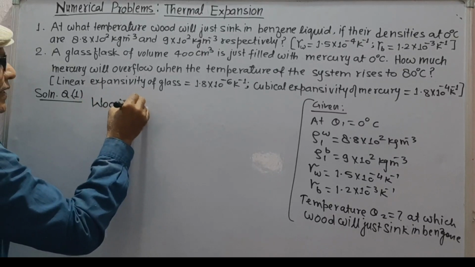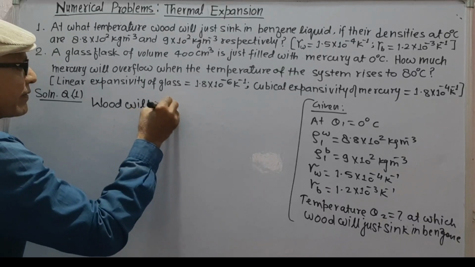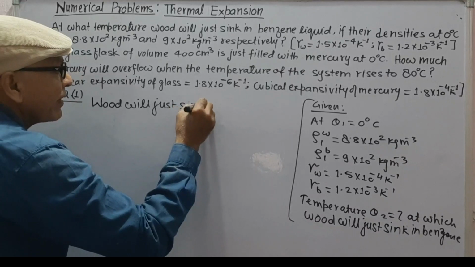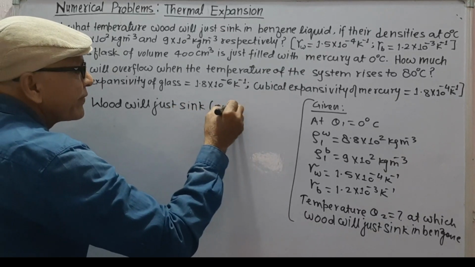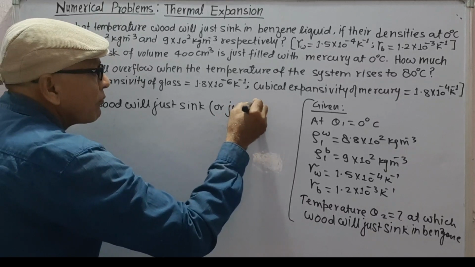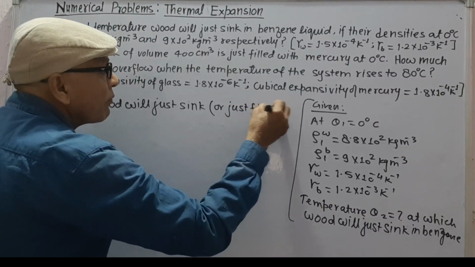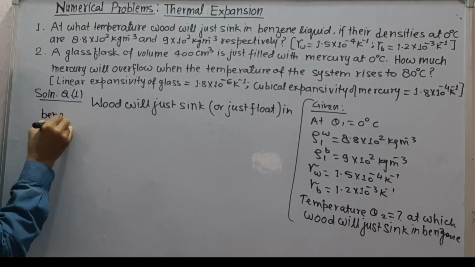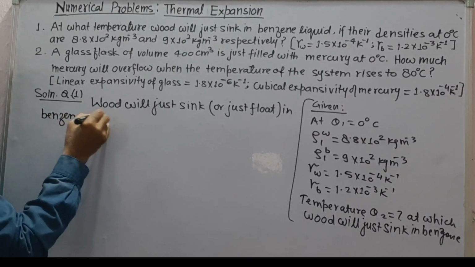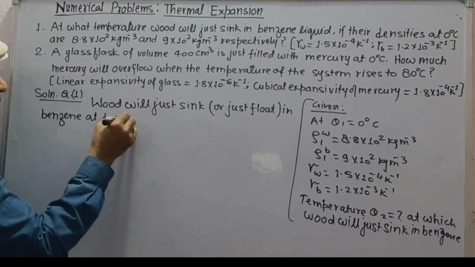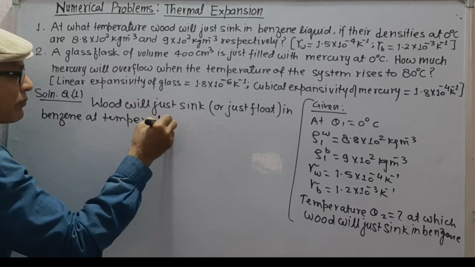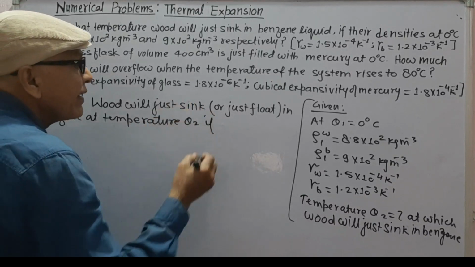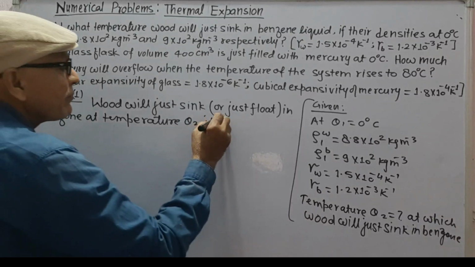Wood will just sink or just float in benzene at temperature theta 2 if their densities are equal.